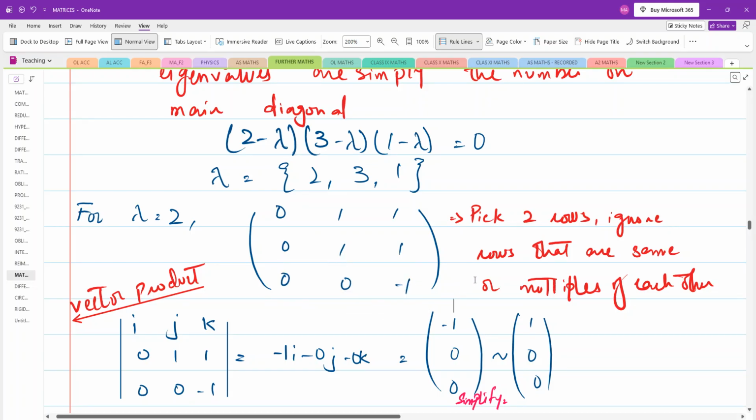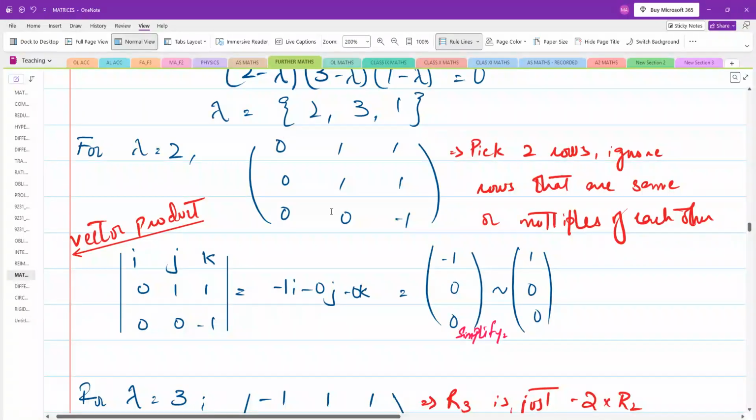Why are we picking two rows? Because we are going to be finding the vector product of those two rows, and the vector product of those two rows will be the eigenvector.